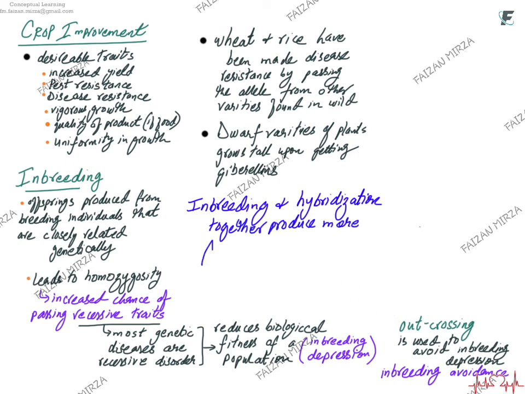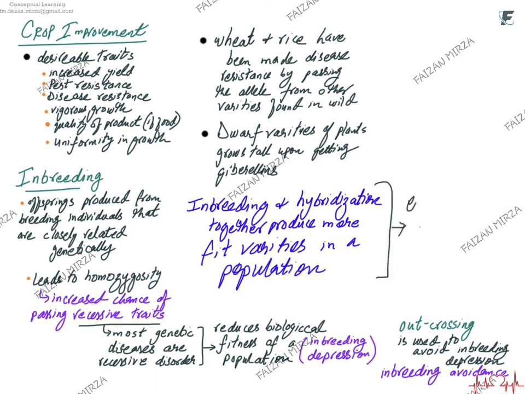Hybridization is carried out using fitter varieties from the population which exist in the wild. They are crossed together. So if you have a homozygous population, you just cross it with a more fit population from the wild. This is called outcrossing. This promotes heterozygosity, and inbreeding and hybridization together produce fitter varieties of population over time.